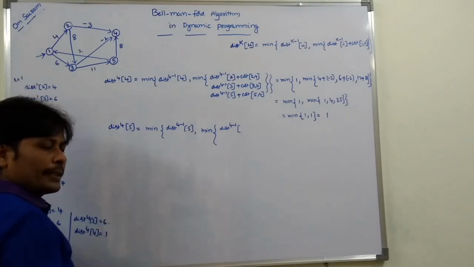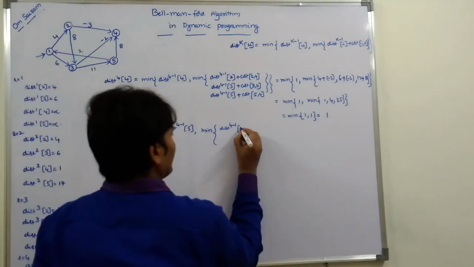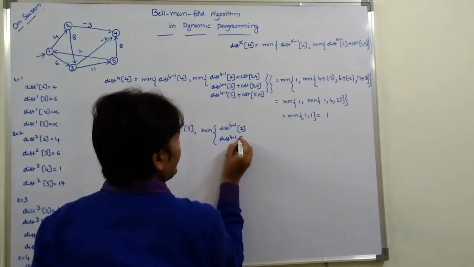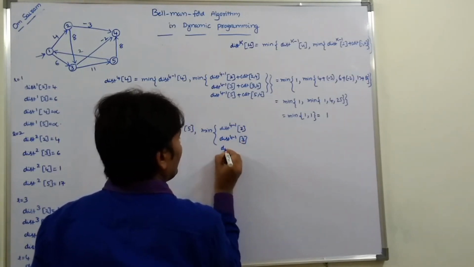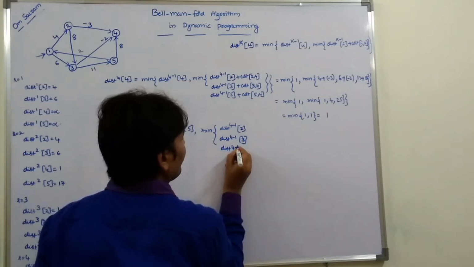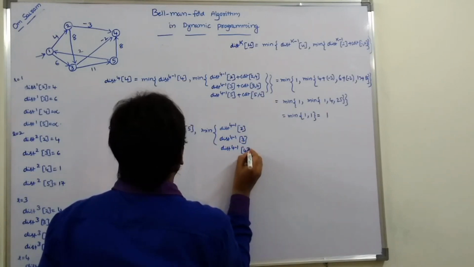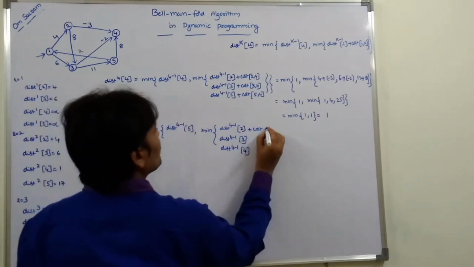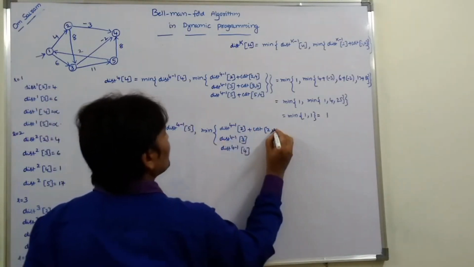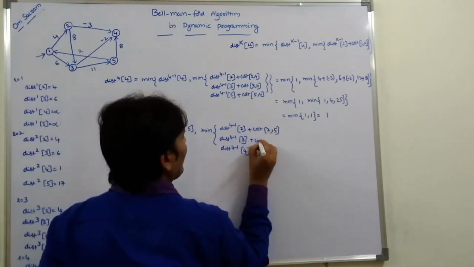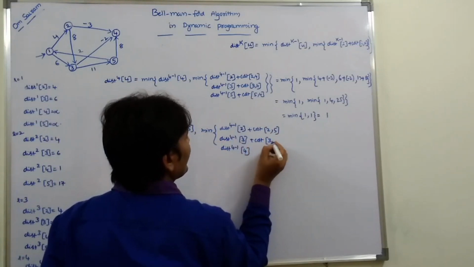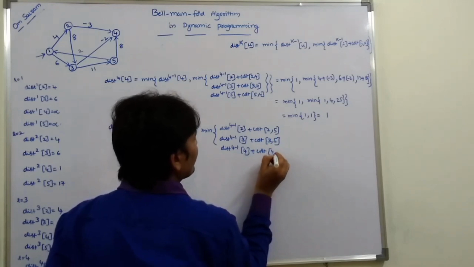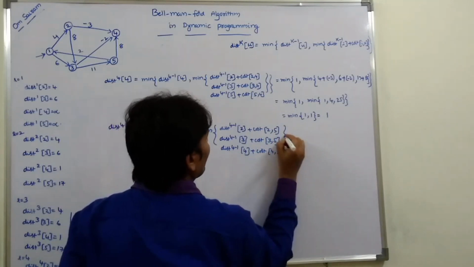What are the remaining vertices? 2, 3, 4. Plus cost of I value 2, u value 5, that is 2 comma 5, plus cost of I value 3, u value 5, plus cost of I value 4, u value 5.